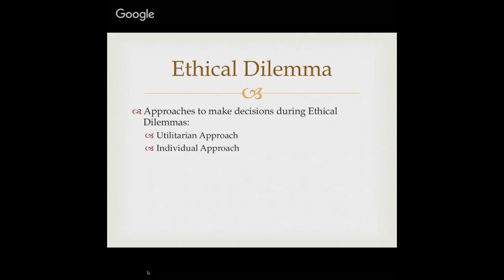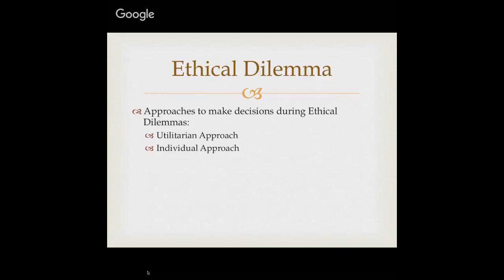But if I break a law and let's assume I have to pay hefty fees or fines, my company might be shut down. And if that happens, that hurts all my employees, not just the 10 or 20 or 50 who've been kidnapped. That's an example of utilitarian approach.